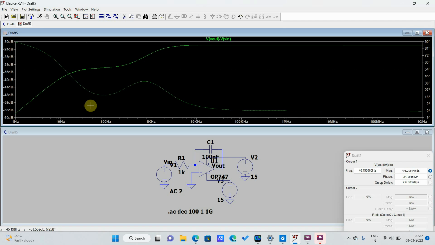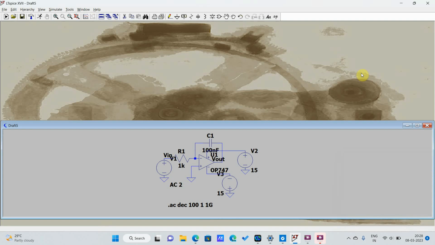The gain increases, and somewhere near 10 kilohertz the gain is almost constant, as you can see. And then on the phase plot, you can see the full phase plot. So that's it for now.